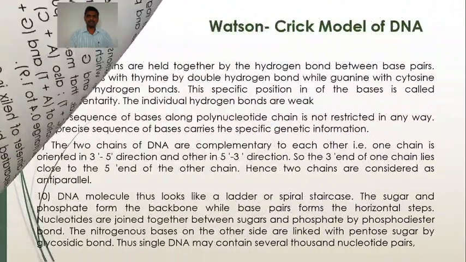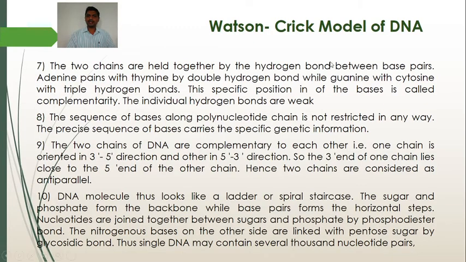Next, the two chains are held together by hydrogen bonds between the nitrogen bases. Adenine pairs with thymine by 2 hydrogen bonds, while guanine pairs with cytosine with 3 hydrogen bonds. This specific pairing of bases is called complementarity.